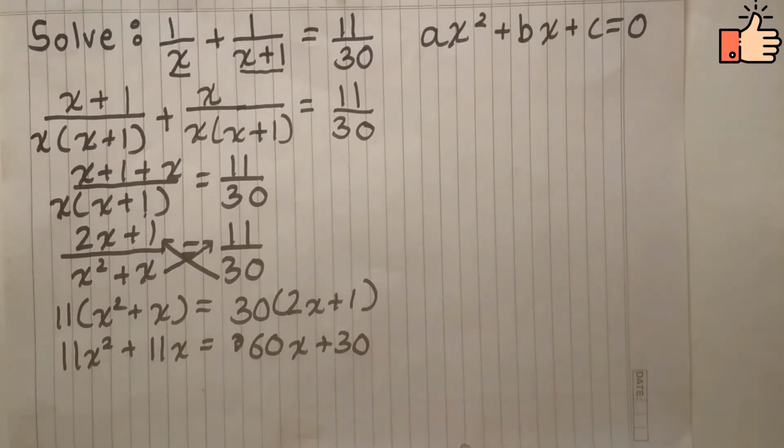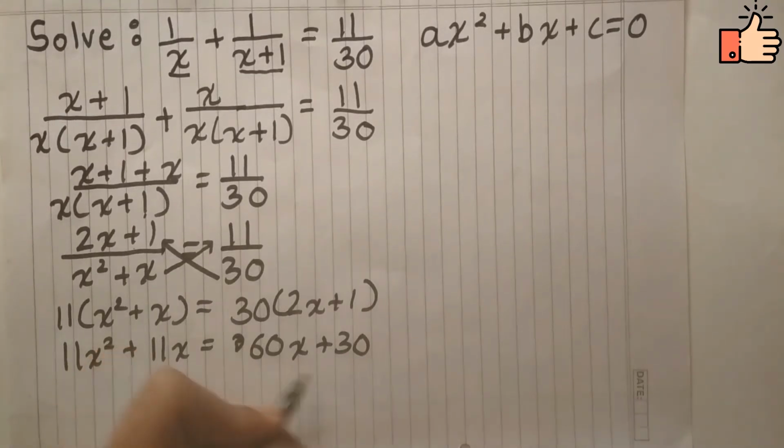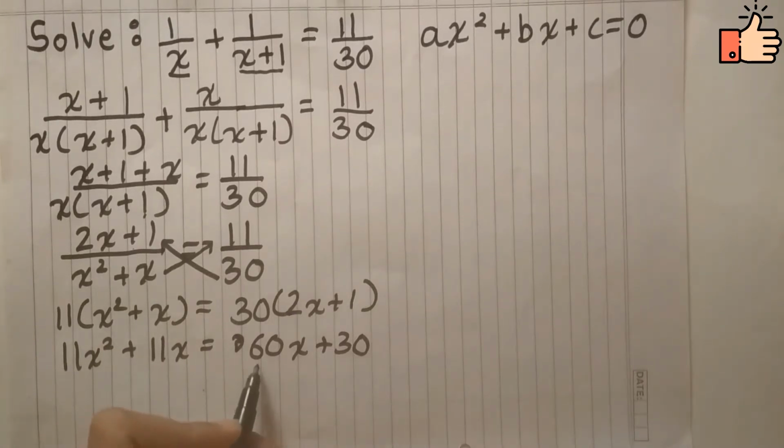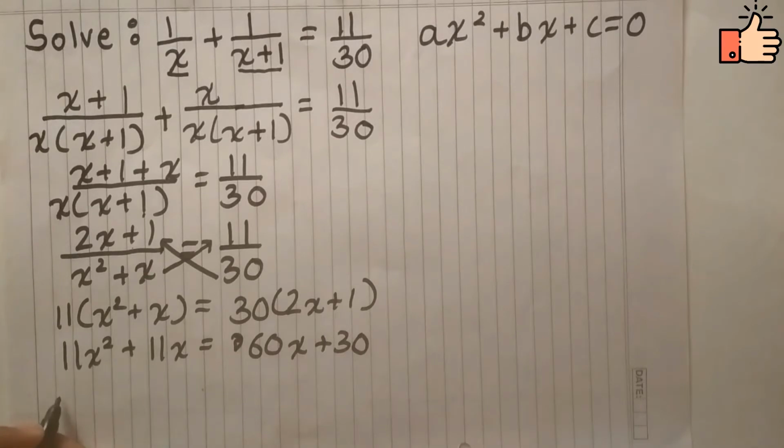Now we'll subtract 60x and 30 from both sides so that the right hand side is left with 0.